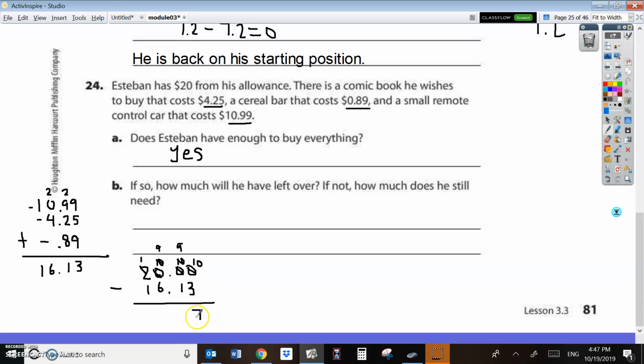That'll give you 7, 8. Bring down your decimal. 3 there, and that subtracts to give you 0. So he still has $3.87.